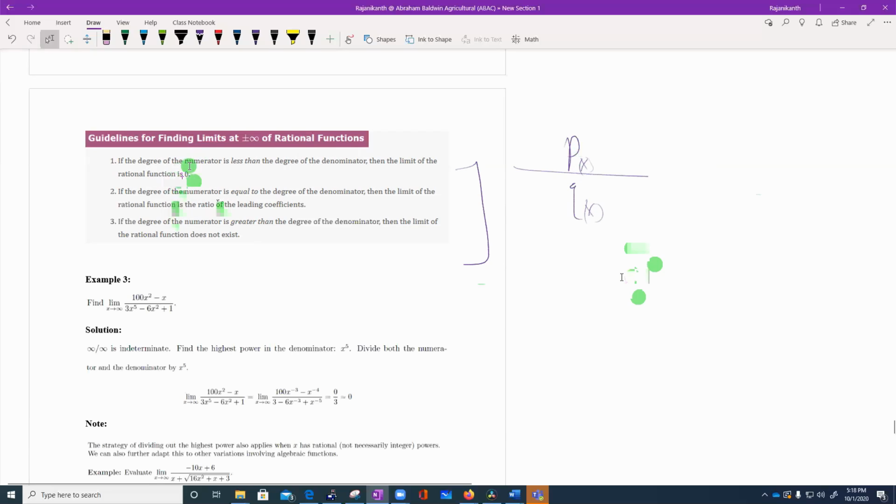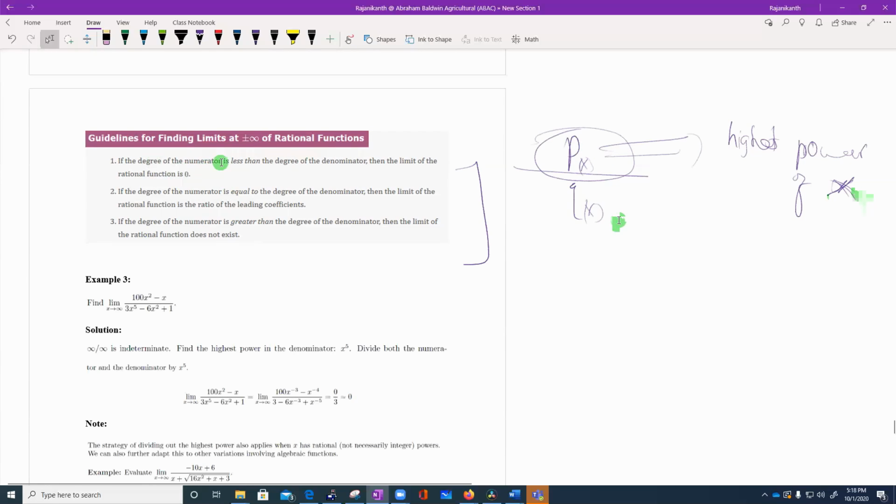The degree of the numerator means the highest power of the variable x. You may have any variable, but for instance, say x. So the highest power of the numerator is called the degree of the numerator, and vice versa for the denominator also.